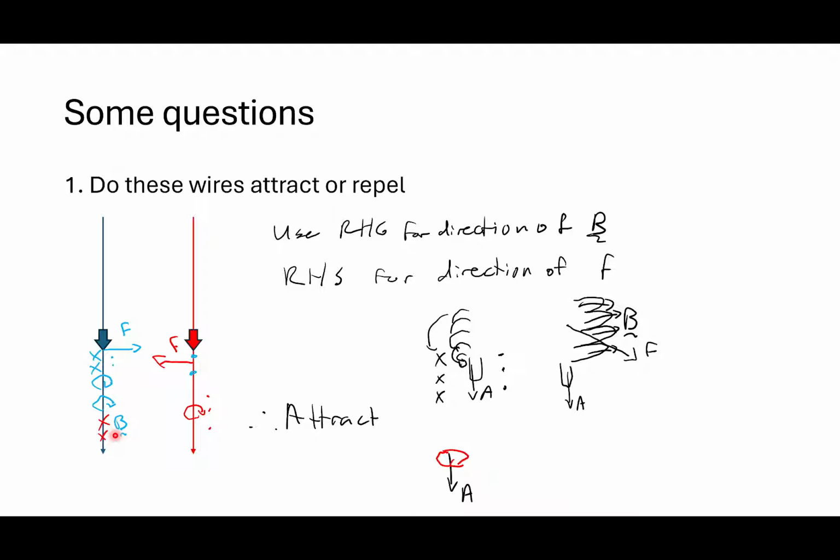Take your right hand, reach out in front of you like a handshake, and then flip it 180 degrees. Your thumb is pointed down and your fingers are pointed away from you, so the magnetic field is into the page. Now, what direction is your palm facing relative to you? Yeah, so the force will go right.